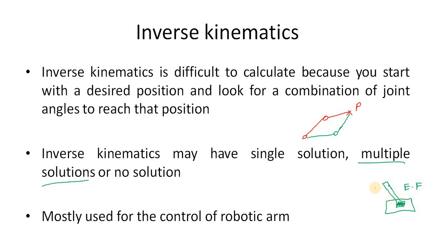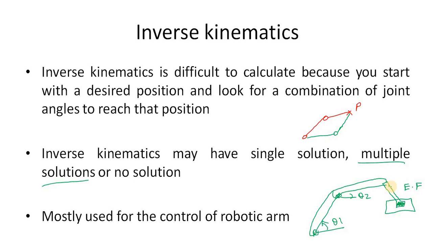What you need to do is find the angles of the joints theta 1 and theta 2, and you need to control these two angles so that your robotic arm stays at the desired location or position. So here we use inverse kinematics.